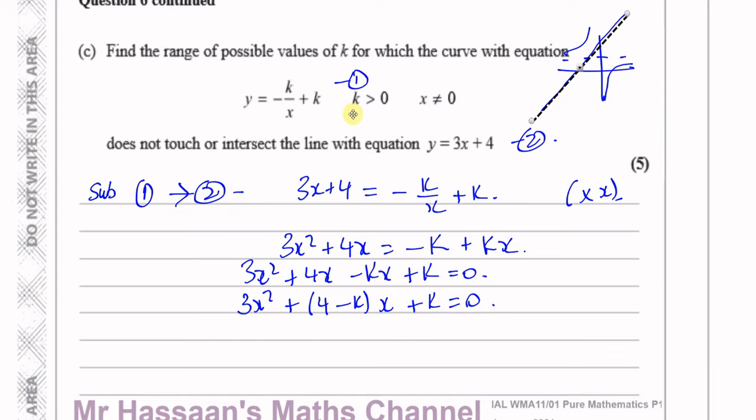This line y equals 3x plus 4, which is actually going to be a bit steeper than that, will never ever touch or intersect this curve. So it's going to be within that range somewhere. That's what we're trying to find, but we're not doing this graphically. I'm just trying to make you understand what we're doing.